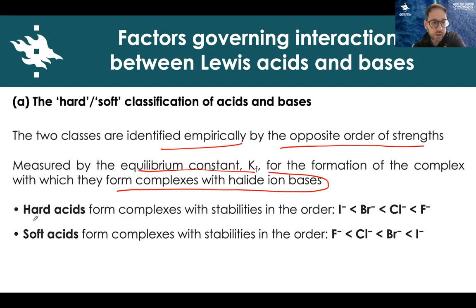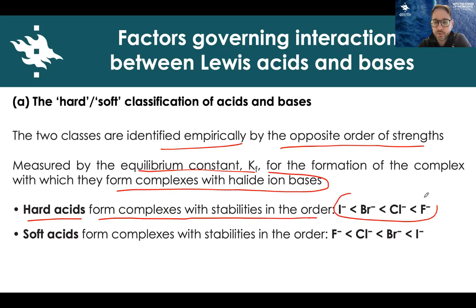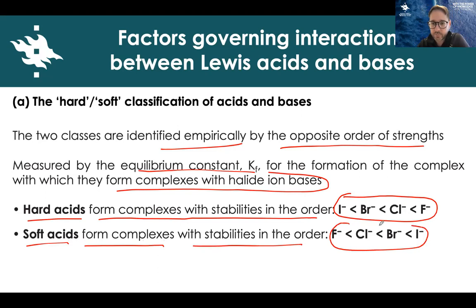So for example, hard acids were classified as species that form complexes with stabilities that are in this order relative to these halides. And the soft acids were classified as species that form complexes with stabilities with the halides following this trend.